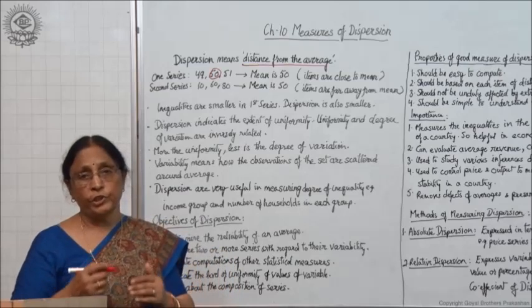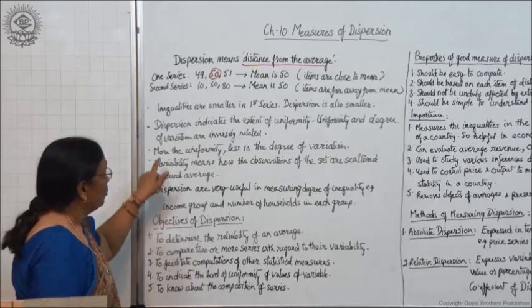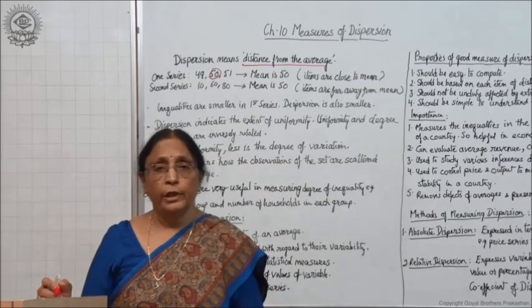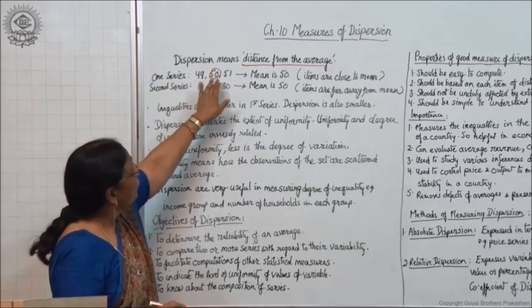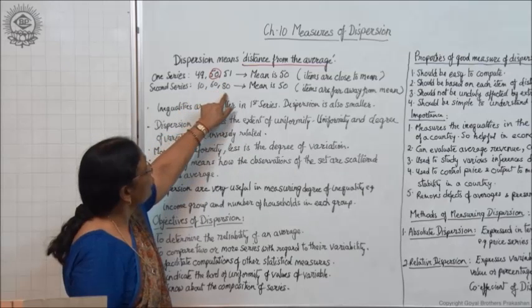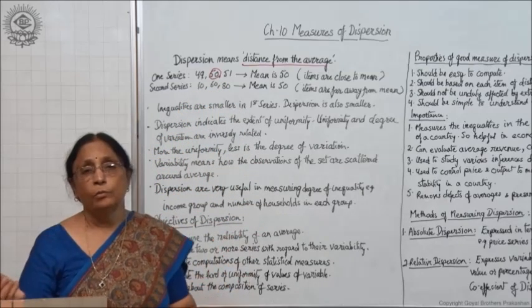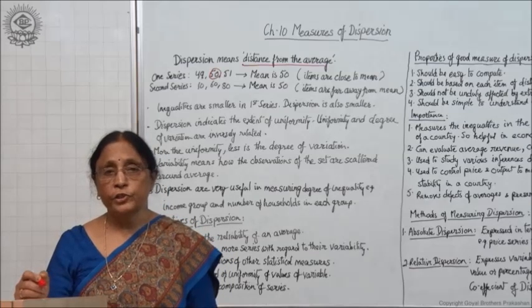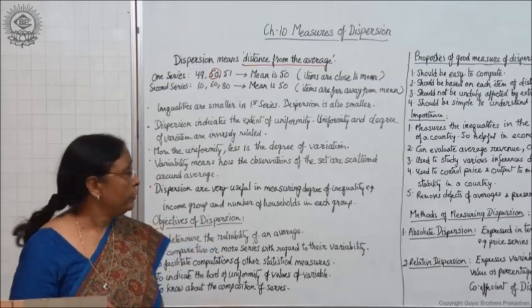They are opposite to each other. The more the uniformity, the less is the degree of variation. If the figures are more uniform, they are close to each other, there is less variation. If there is less uniformity, there is more variation. So uniformity and degree of variation are inversely related.